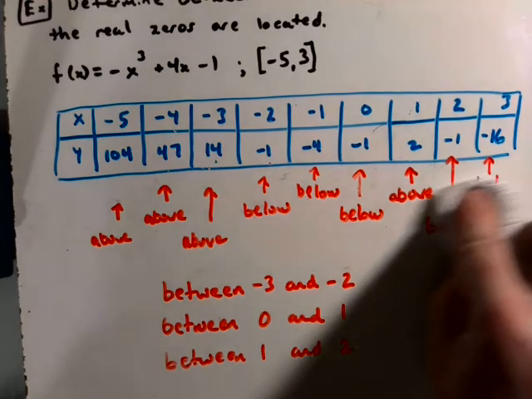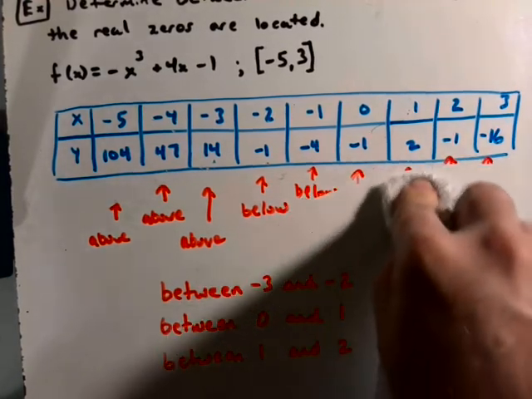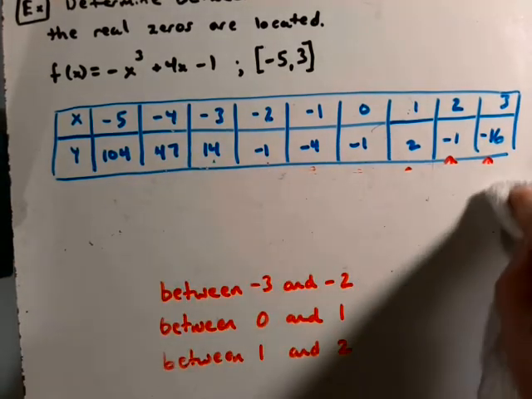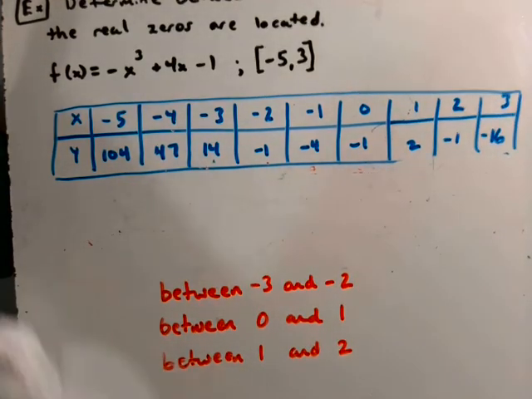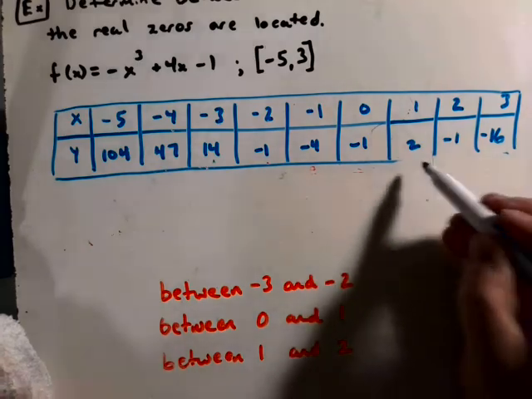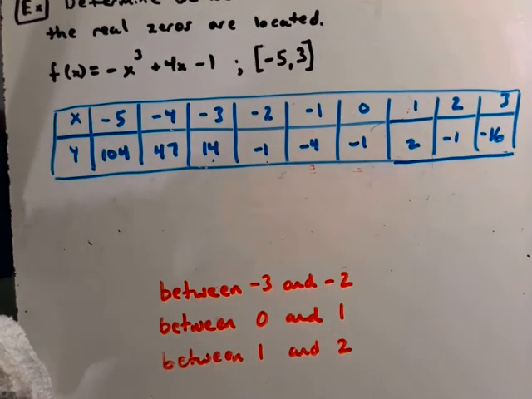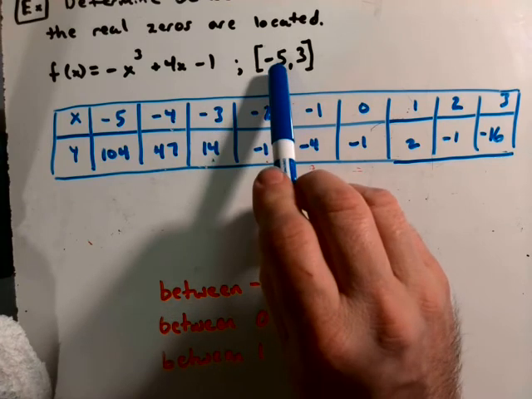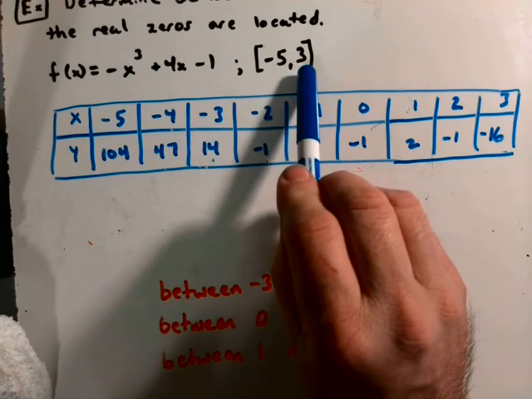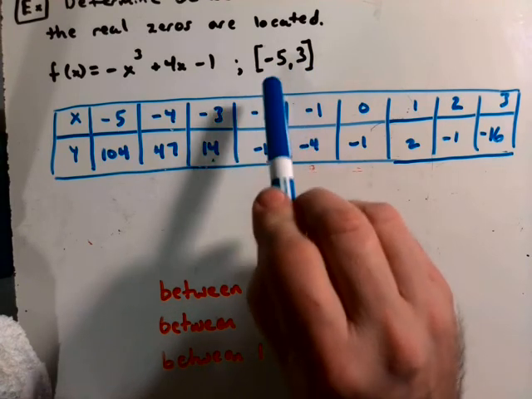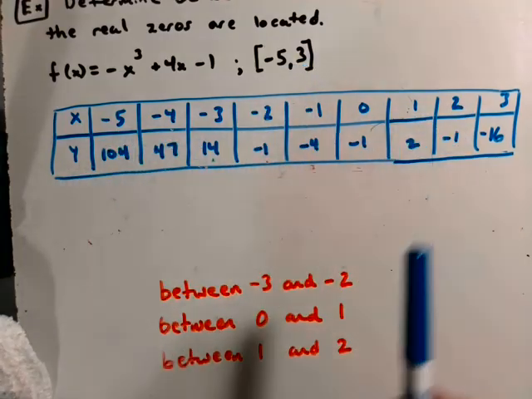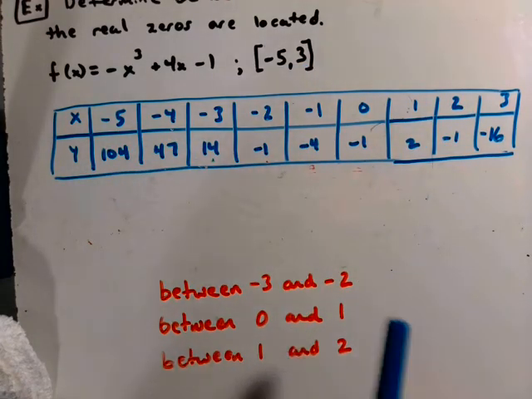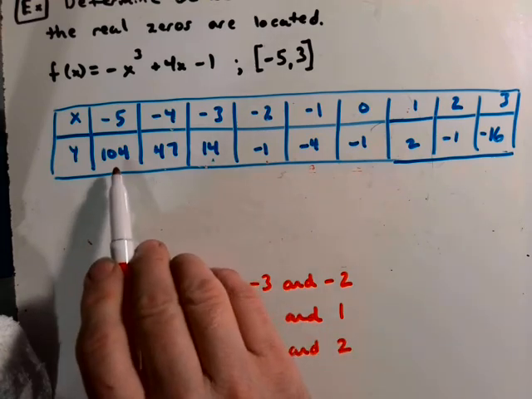So, doing it the most efficient way possible without writing out all the rest of that stuff, here is really what you're looking at when you do these problems. First of all, make an XY table with your x's going from -5 to 3. List out all those integer values, plug them in and calculate y values, and then look and see where you have a sign change.